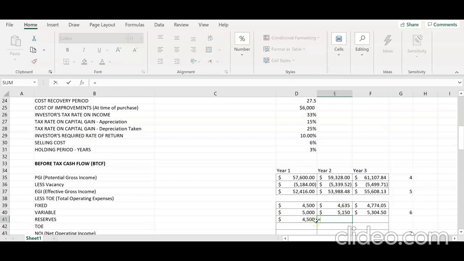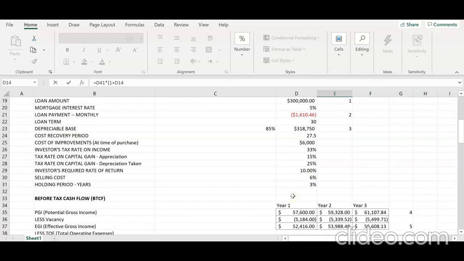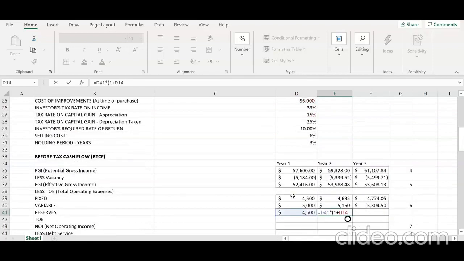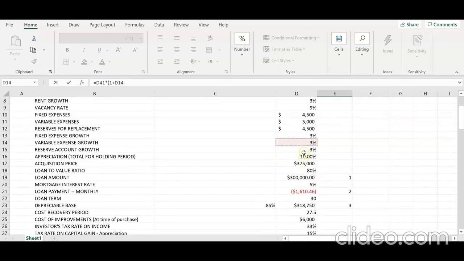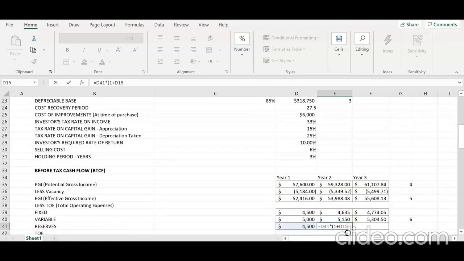For the second year, we're just going to multiply the first year by 1 plus the reserve growth, then we lock the numbers down.